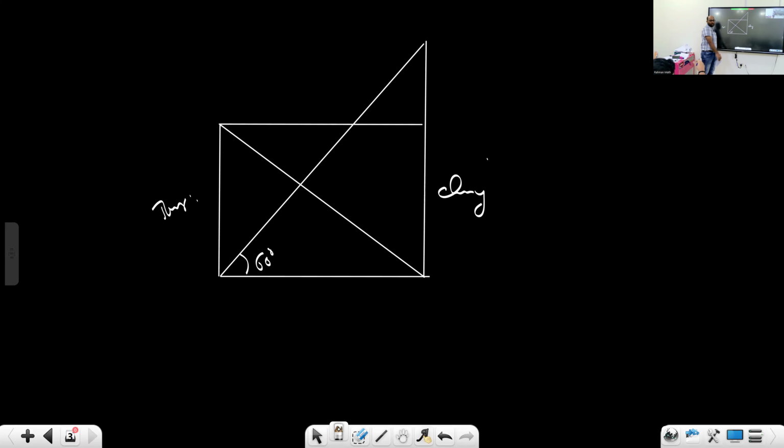Ground we are always considering. 30 degree. Height of the tower is given 40 meter. This is the diagram.